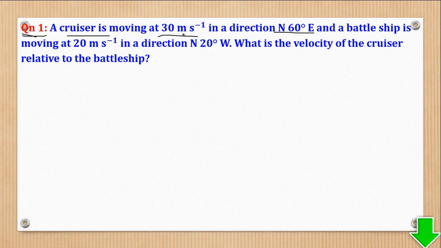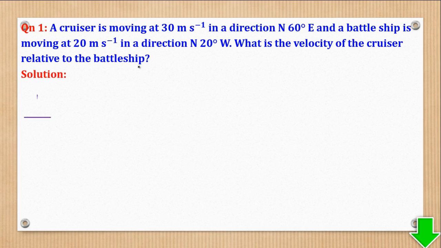So we are given magnitude and direction. Therefore we have to first convert to vector. And a battleship is moving at 20 meters per second in a direction north 20 degrees west. What is the velocity of the cruiser relative to the battleship? So the order matters. Cruiser first, followed by battleship.